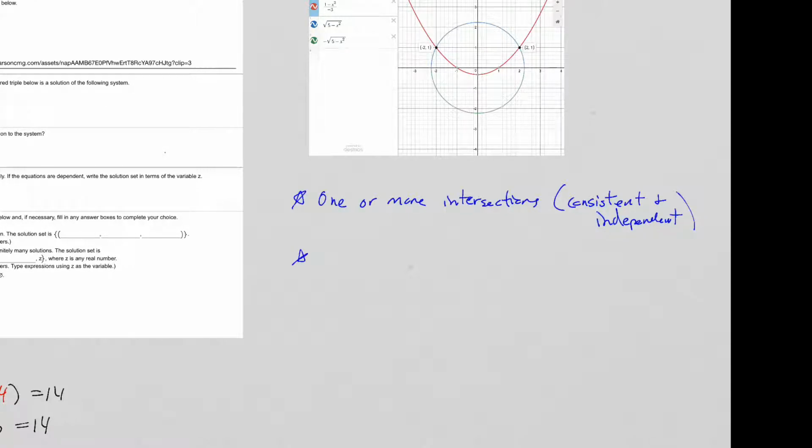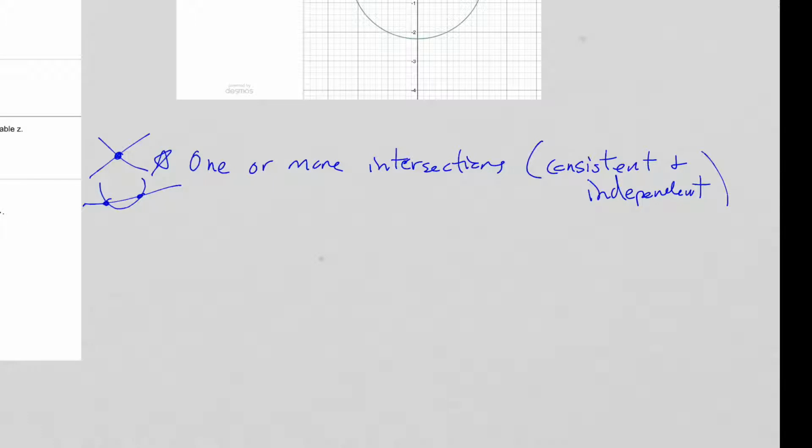Or you may have that they never intersect. So they may be parallel, or they just may never cross.